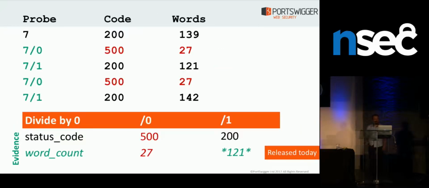Sometimes it's not quite that simple. So here, the status code is behaving as we would expect, like that's a solid piece of evidence. But something a little bit different is happening with the word count. Whenever we send a division by 0, it's exactly 27, but the rest of the time it changes randomly. And that could be because there's some kind of interaction between our payloads and the application that we're not expecting, or it could just be a flaw with our payload.